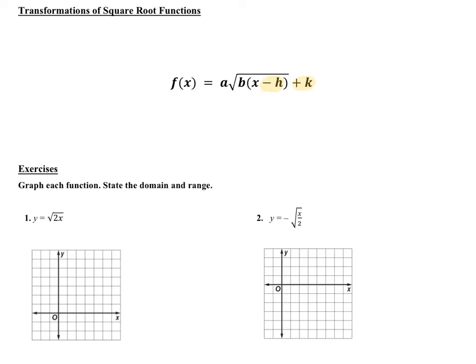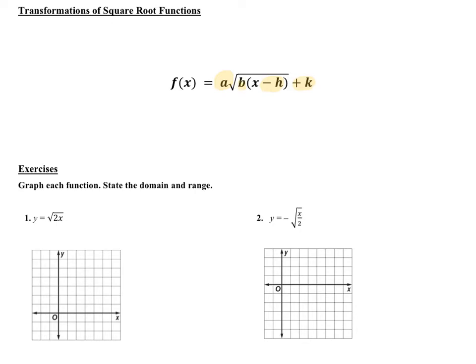All right, we learned that if you have a number in front here, well, first of all, if there's a negative on that number, that will reflect it across the x. And then if a is bigger than 1, it'll be vertically stretched. And if a is smaller than 1, it'll be vertically compressed.